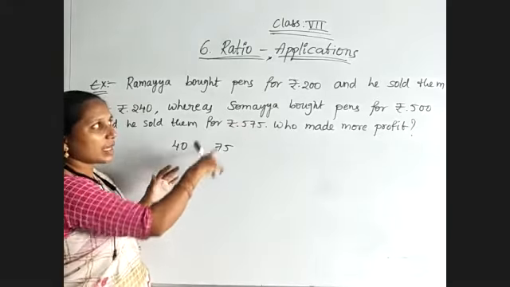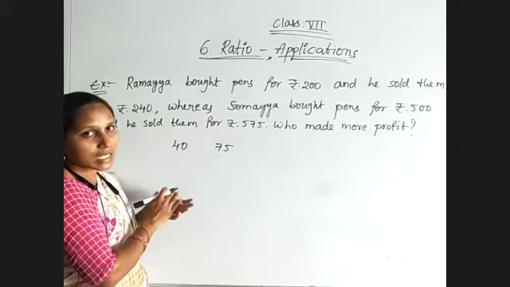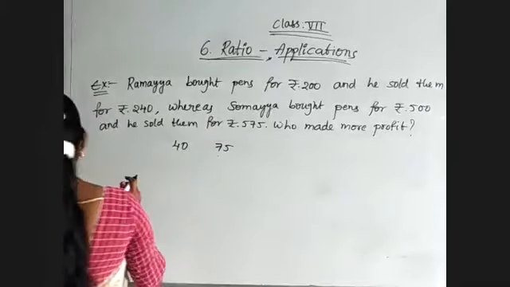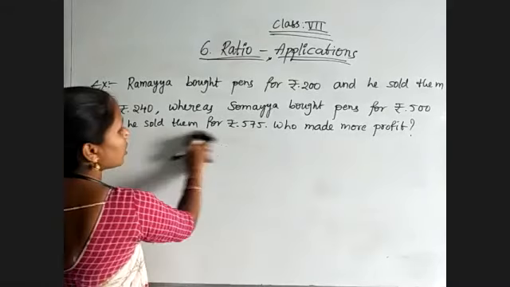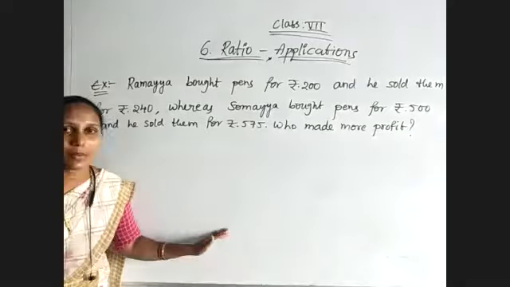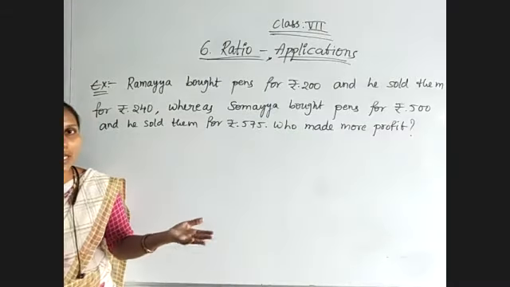But did they buy for the same amount to compare like this? No. So in this case, we need to use the percentage. For that sake, first of all, find out each person's profit and profit percent. Then, depending on that percentage, we can decide who got more profit.